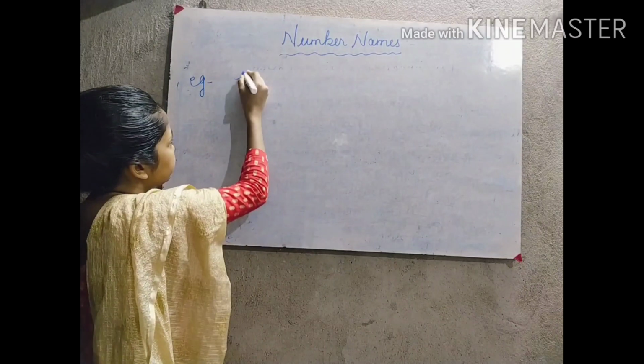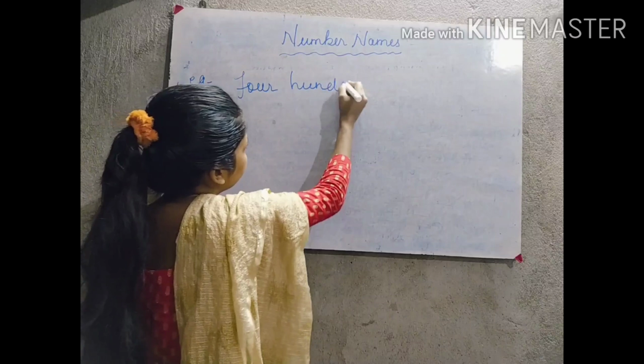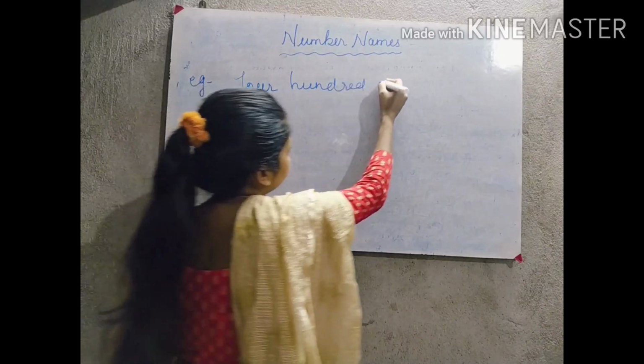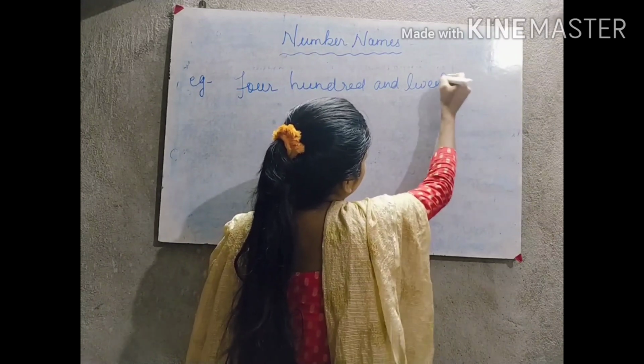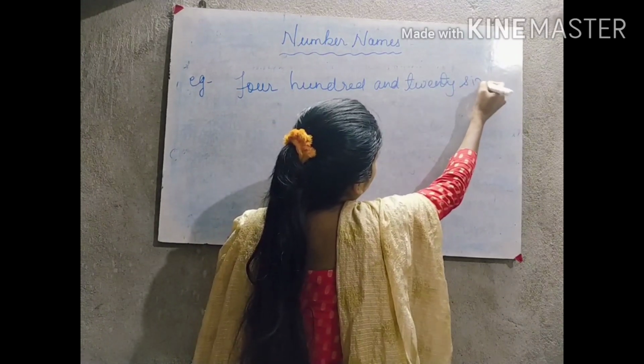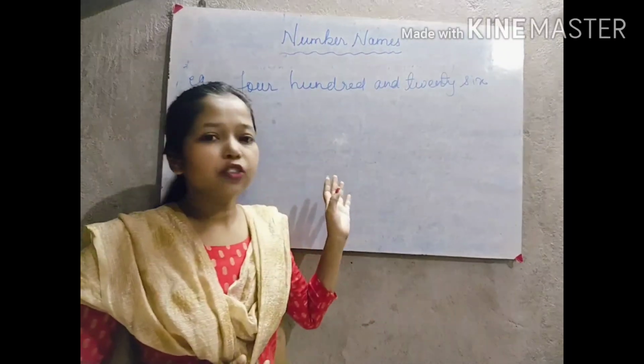The first number name is four hundred twenty-six. So the example is 426.